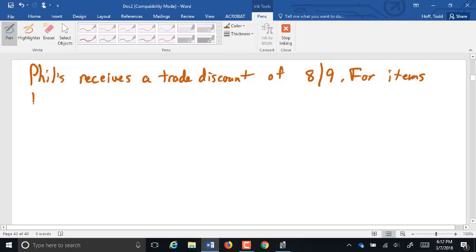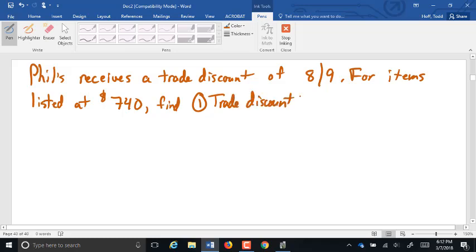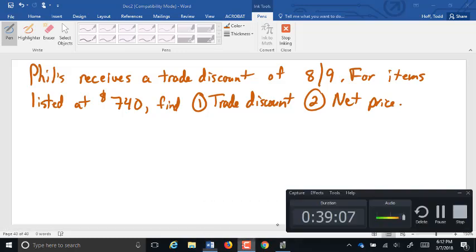For items listed at $740, find one, the trade discount, and 2, the net price. I'll give you guys a couple minutes.